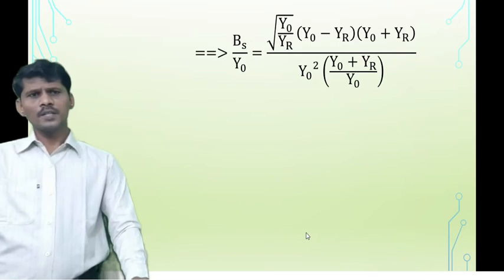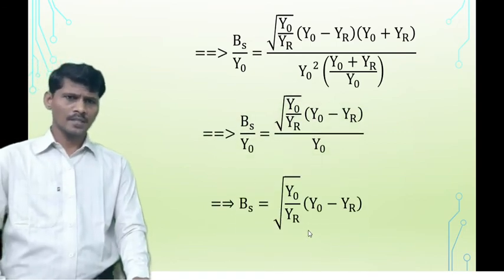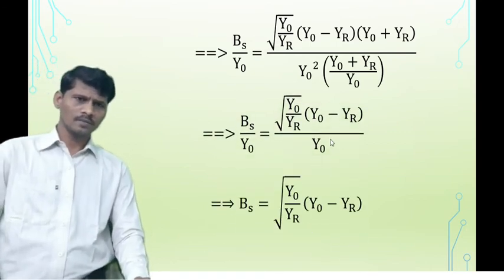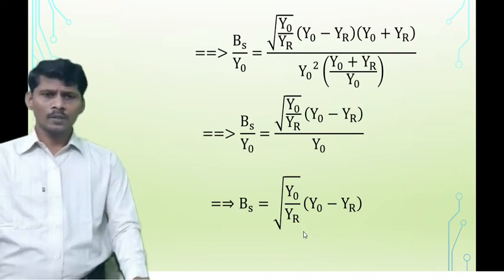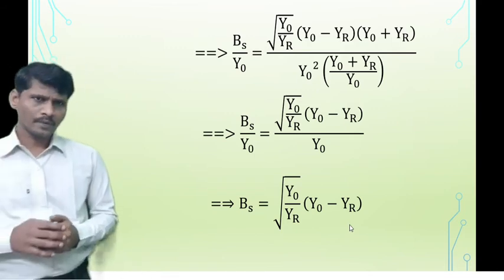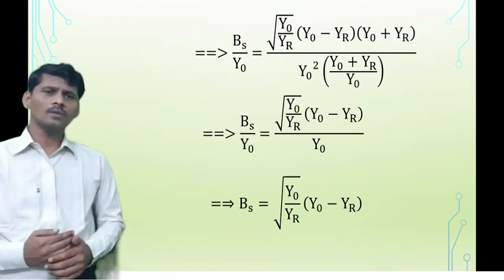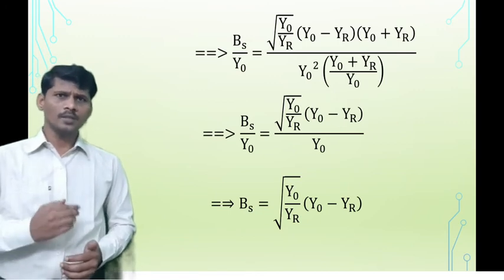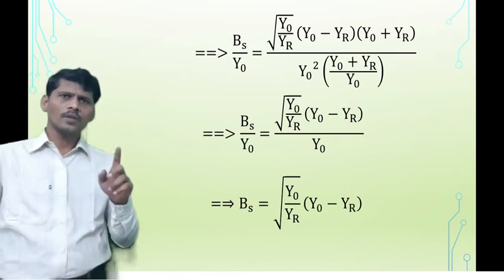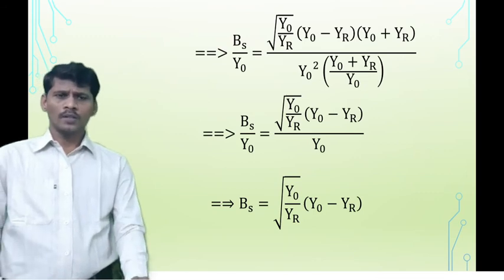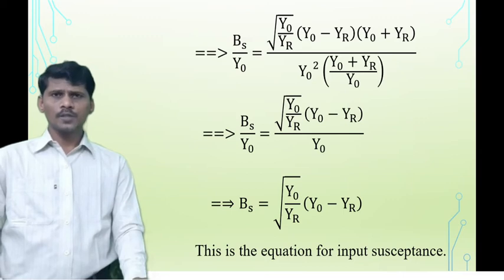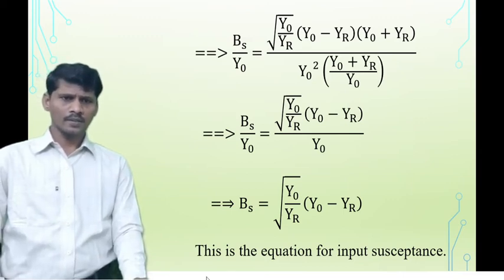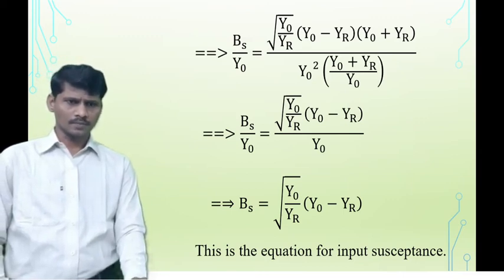And reducing, we get the resultant expression Bs by y naught is equal to... and Bs is equal to square root of y naught by yr into y naught minus yr. Simplifying that calculation part, finally we get the input susceptance Bs is equal to square root of y naught by yr into y naught minus yr. So this is the equation for input susceptance.